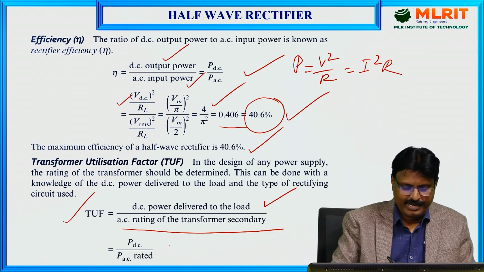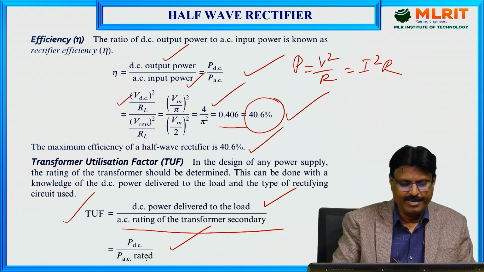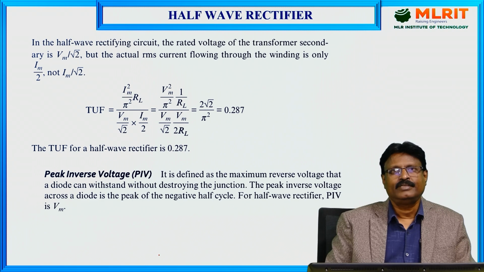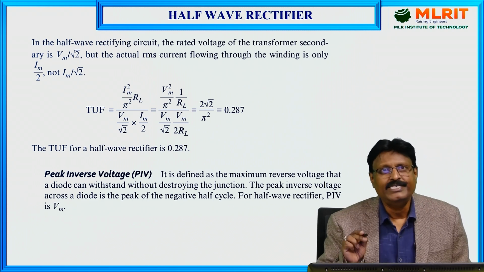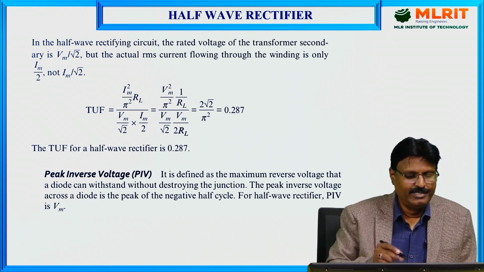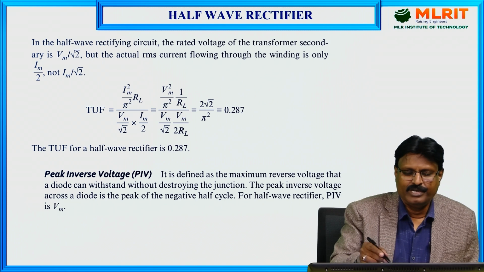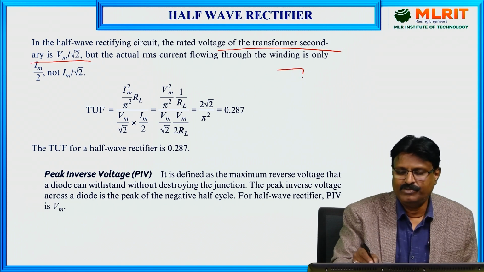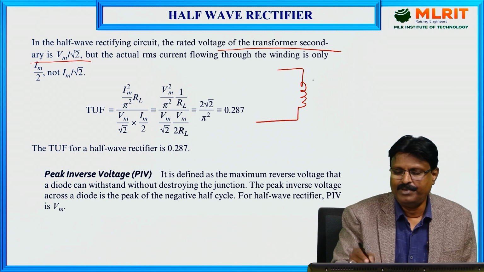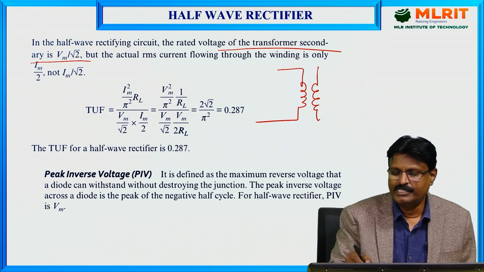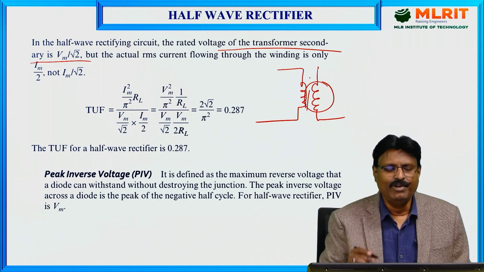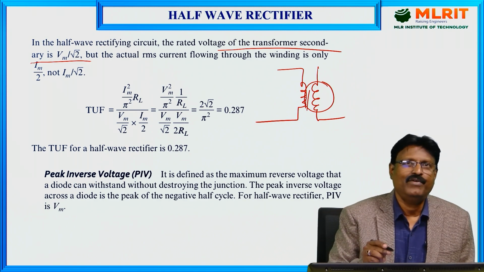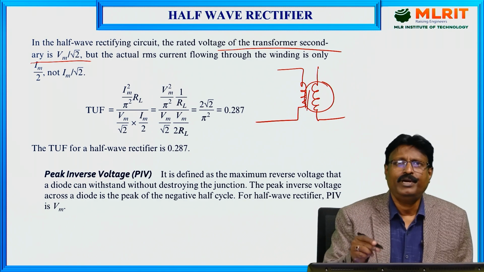So the formula is PDC by PAC rated. The secondary winding rating will be provided by the manufacturers, and that has to be taken for granted.